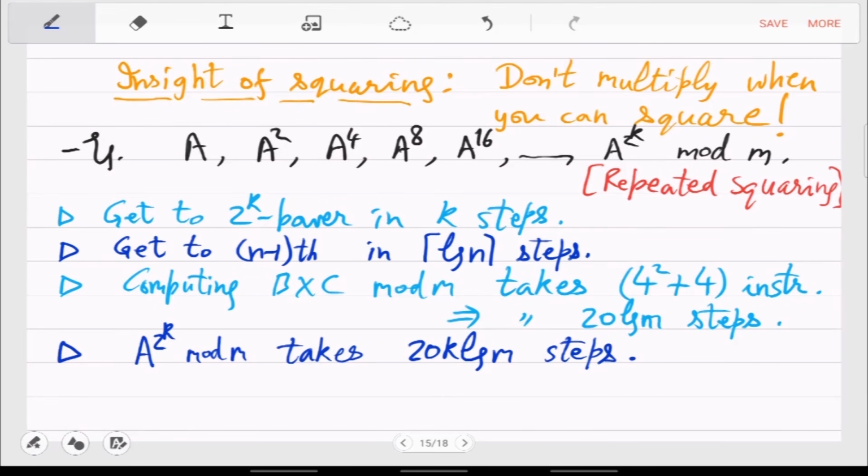So these are the basics of our pseudocode. Do repeated squaring. Each squaring costs around log m, and then you repeat this k times. So you will get to A raised to 2 raised to k mod m. Okay, any questions at this point?